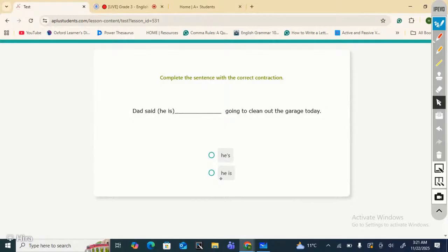Dad said he is going to clean out the garage today. He is. These are the two words. Now complete the sentence with the correct contraction of these two words. First option or second option?